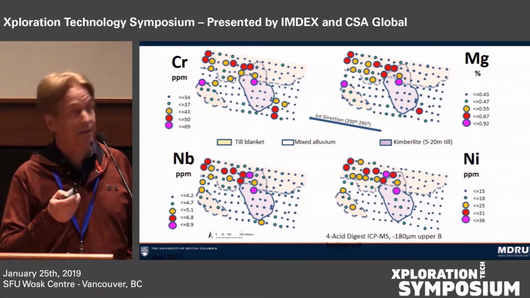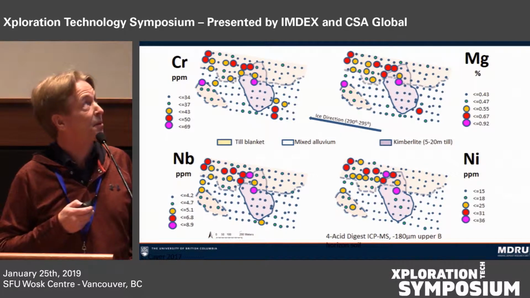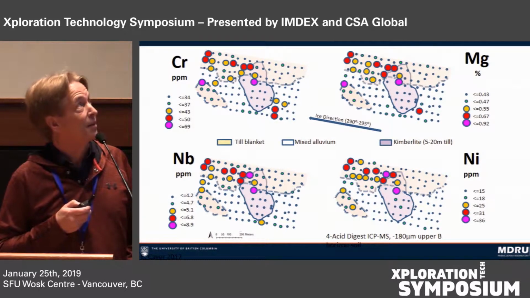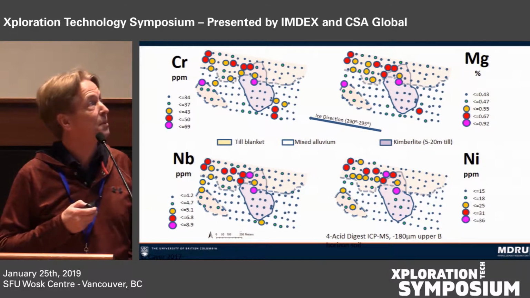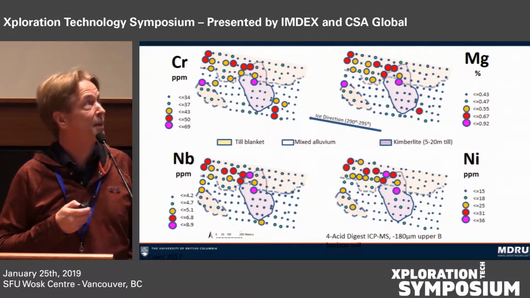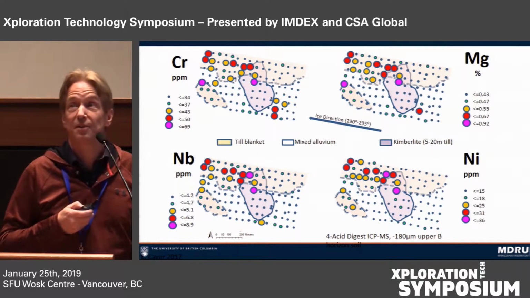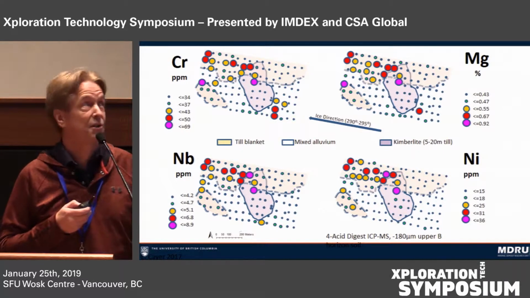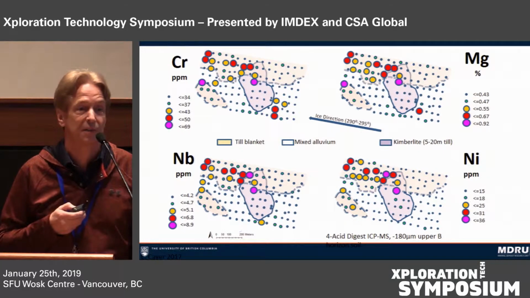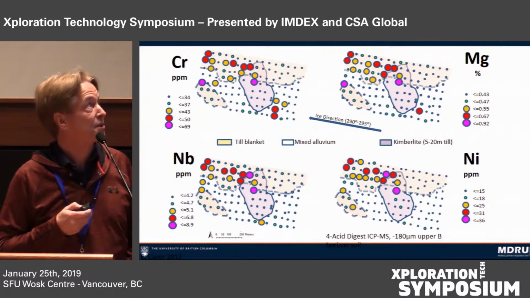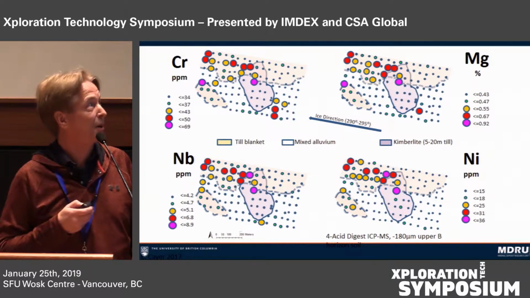Eureka mapped all of that out and did all of this beautiful geochemistry, and it was exactly as we would always hope for. We have a nice anomaly in normal soil samples, minus 180 micron upper B horizon, which starts directly on top of the kimberlite and then moves in the down ice direction of the kimberlite, and that's before any indicator minerals come to surface. We're already seeing trace element geochemistry, and as you'll notice if you're looking at those values, this is extremely low concentrations.